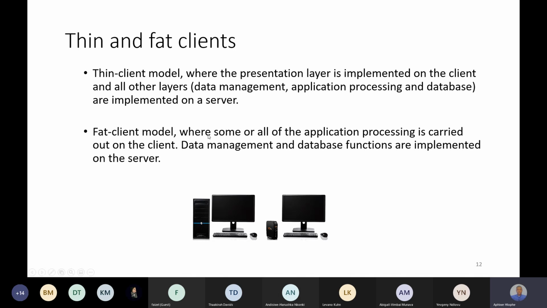With the fat client, some or all of the application processing is carried out on the client, while data management and database functions are implemented on the server. So you'd see this on a distributed system as opposed to thin clients.